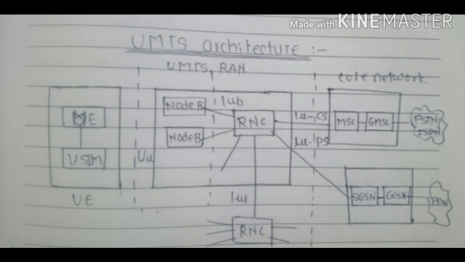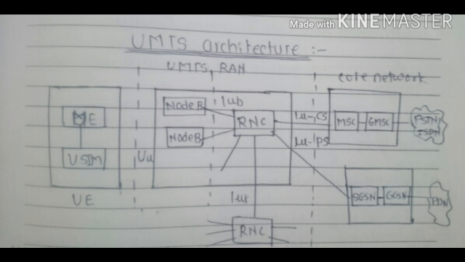The CSD is connected to the RNS via the Iu interface and it is known as IuCS.